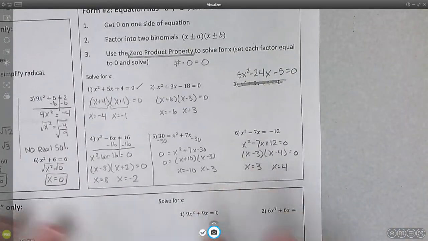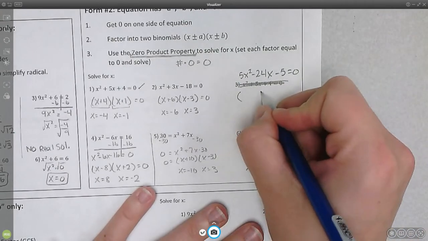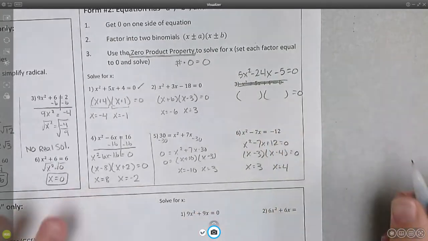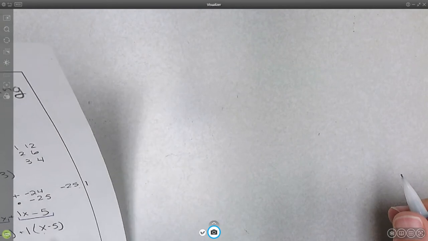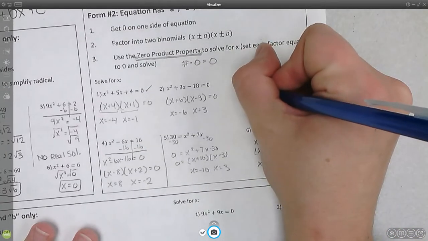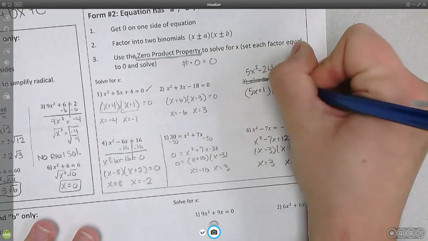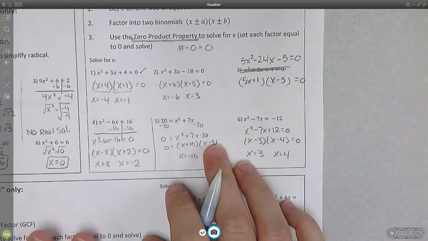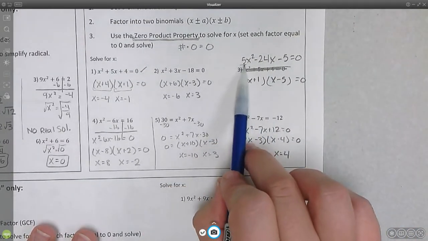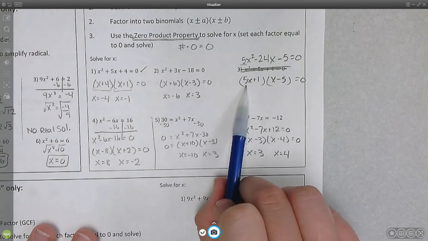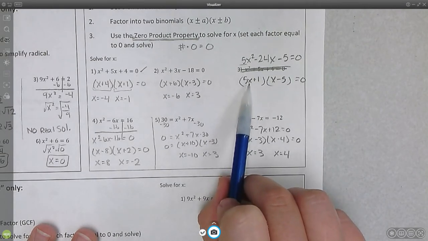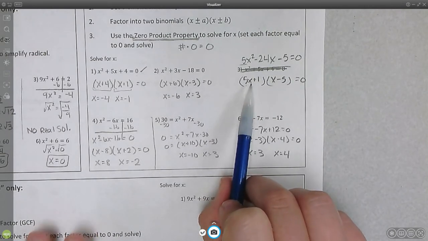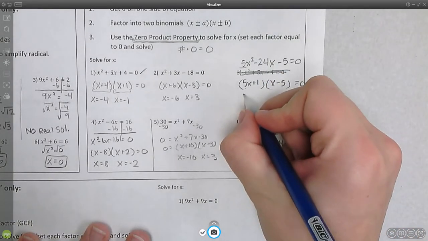So this one, when we factored, we got 5x plus 1 and x minus 5. So the only difference when you have an a value is if you look here, you can't just easily plug a number in for x to make this 0. So you're going to want to set it equal to 0 and solve.